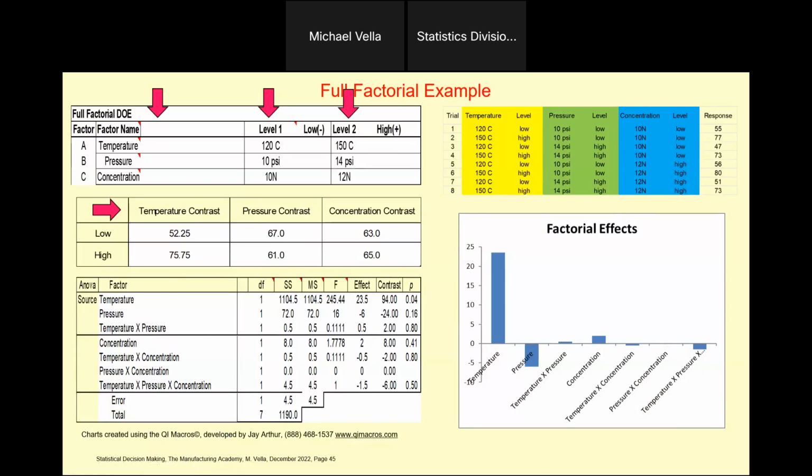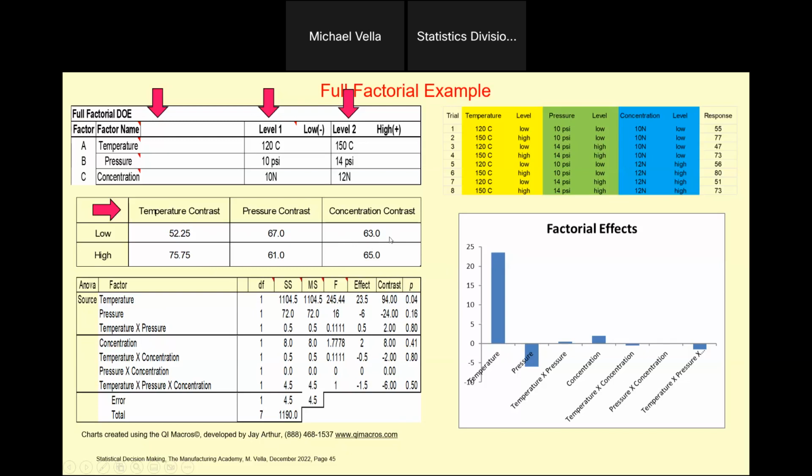If you take those results and go across the highs and lows, you may want to stop your experiment right here and not go to your F table. You can see that the temperature contrast between low and high is a difference between 52.25 and 75.75. It's a huge contrast. And that's reflected in the graph that you see at the right.